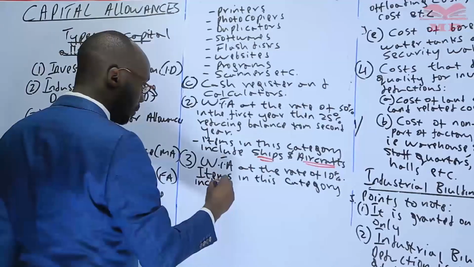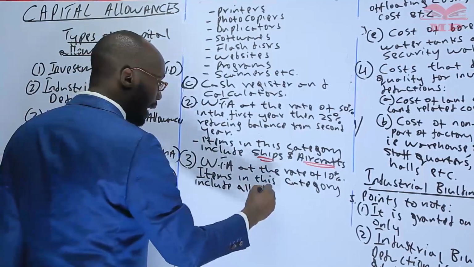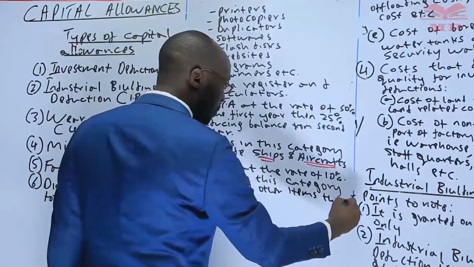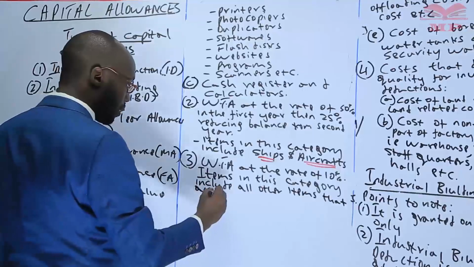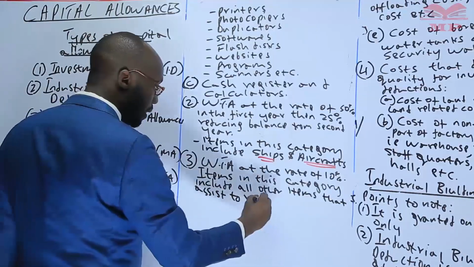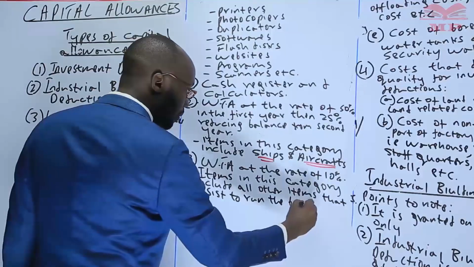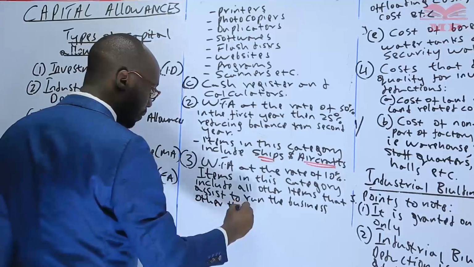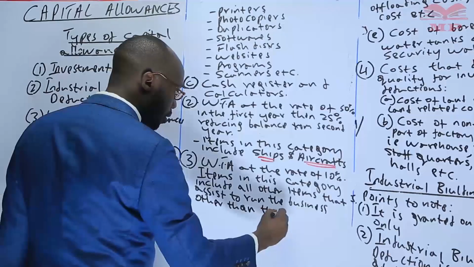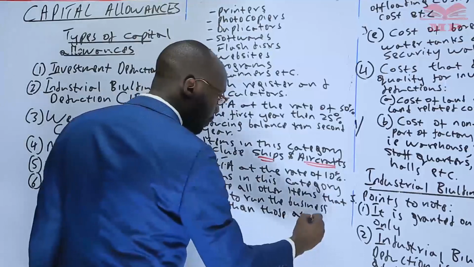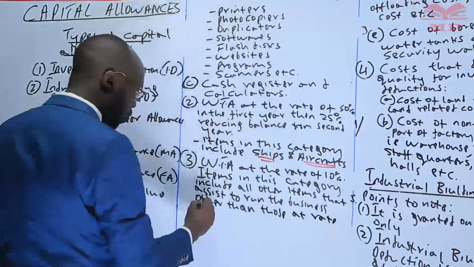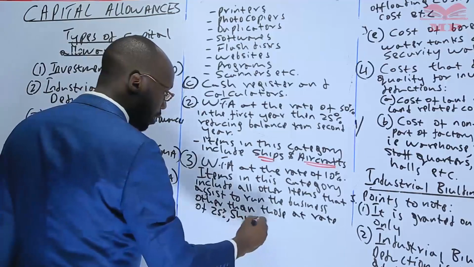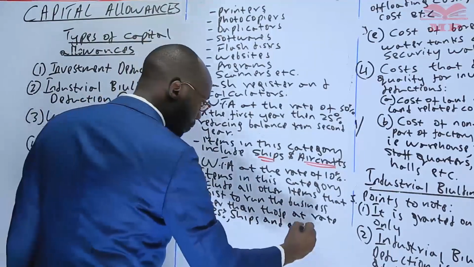So items in this category include all other items that assist to run the business other than those at the rate of 25%, ships and aircrafts.